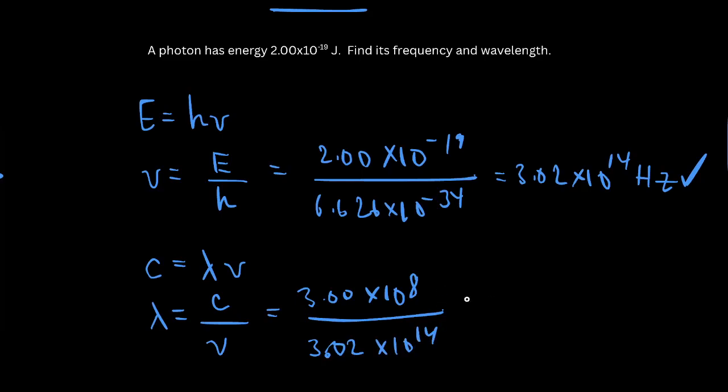And this is then going to give us a value of 9.93 times 10 to the negative 7 meters. And then if we want to convert this to nanometers, for convenience sake, that's just 993 nanometers.